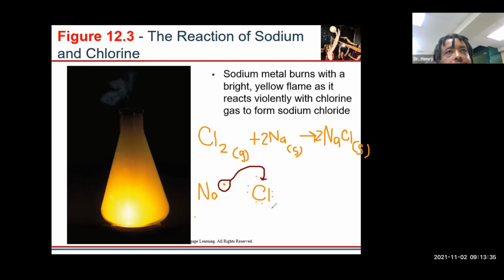So then chlorine becomes Cl minus, and sodium becomes Na plus. So then these guys come together by charge, they're attracted to each other, and then they become sodium chloride.